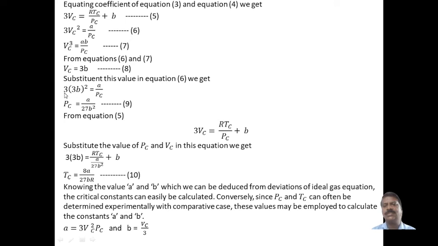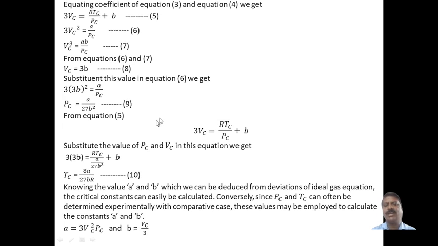Therefore after simplifying, 3 square means 9, and B square, and just cross multiplying, Pc we get 9 into 3 means 27B square. Therefore Pc is equal to A divided by 27B square.